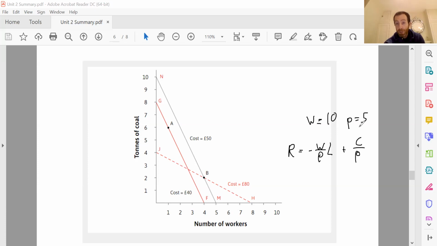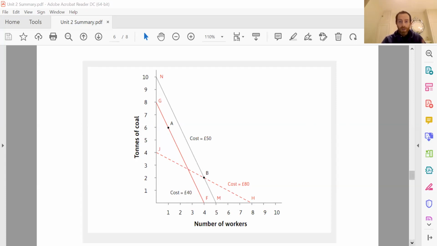So switching from a technology which uses 4 workers to one that only uses 1 and uses more coal seems to make sense. That's backed up by what the model is showing us: the firm would switch to technology A.